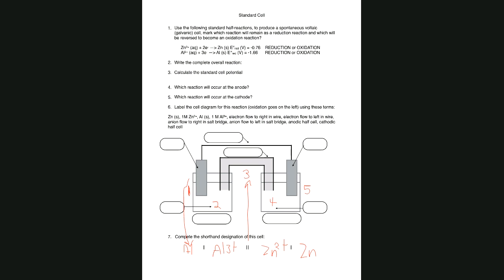Okay, I'm going to kill that. And let's go back to the PowerPoint, and we'll proceed from there. So this is basically what we were working on in that worksheet.